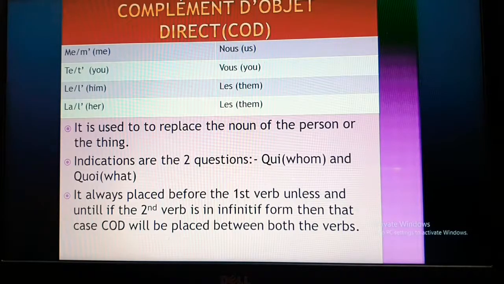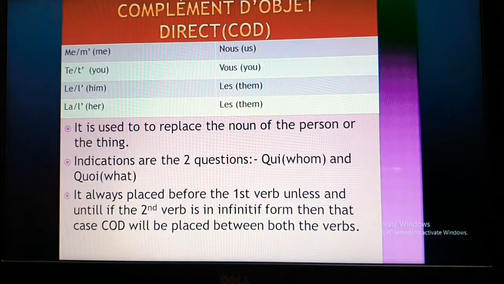For example, in the case of present tense, passé composé, plus-que-parfait, imparfait, or future simple, the placement of COD, COI, pronom en, pronom y will be before the first verb.